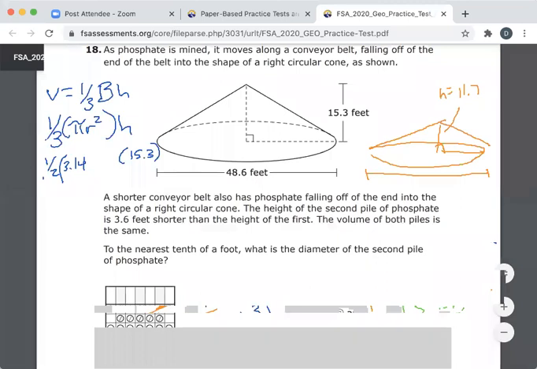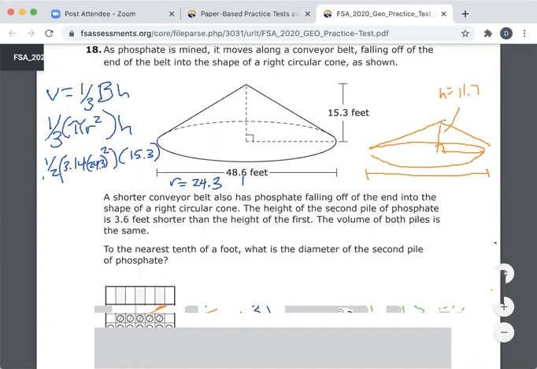And what is the radius? So half of 48.6 is the radius. So half of 48 is 24.3. Okay. So 24.3 squared.